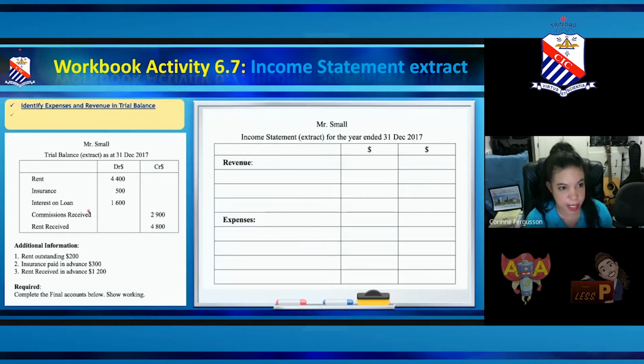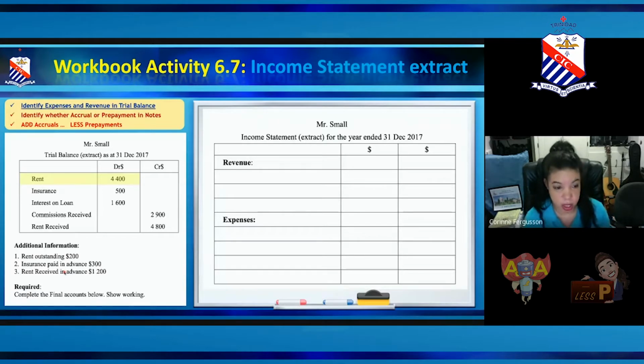So you identify, and then you go to your notes and identify for each one whether it's an accrual or prepayment. And if you identify it as an accrual, you will add it. And if you identify it as a prepayment, you would minus it. As easy as that. So we're going to start, as I said, I go to the trial balance and I am going to go in order.